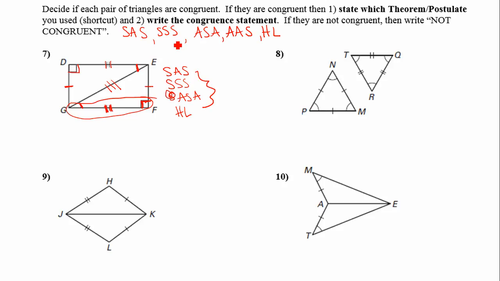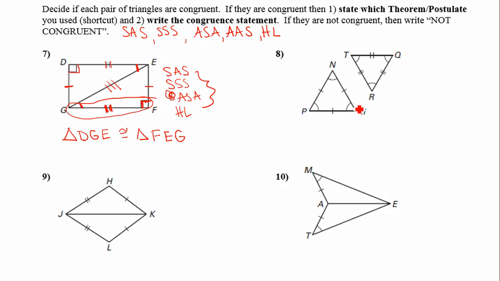Now, if you say the shortcut works, then you have to write a congruency statement. So then I would say like triangle DGE is congruent to triangle. Now be careful, I'd have to go F, then I'd have to go to E, and then I'd have to go to G, to make sure the markings match up. So that's my number 7.